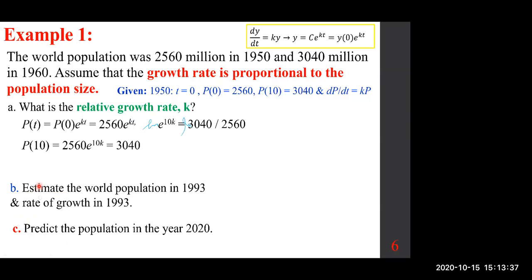So ln of the left simply is 10k. Ln of the right, you write it. Of course, you're going to simplify this and divide by 10.